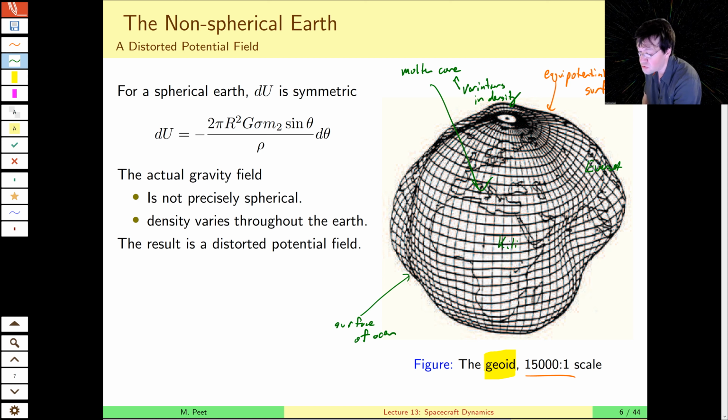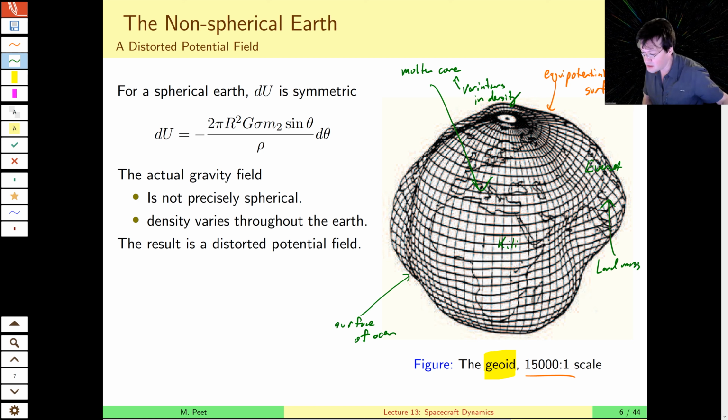Not sure that that's the majority of what's causing these deformations, but it contributes as well. So it's a molten core, and then, of course, land mass is denser than water. So the distribution of land mass changes things as well.